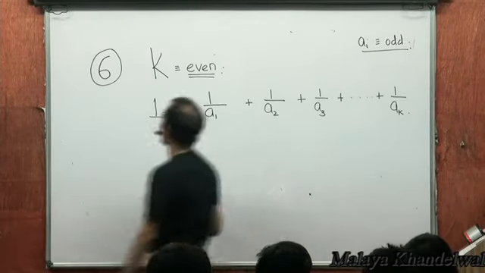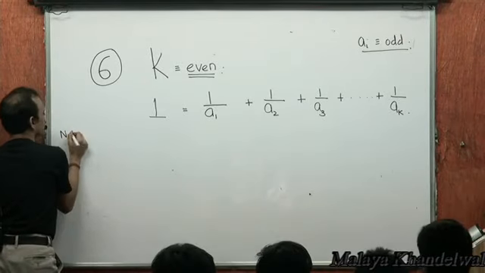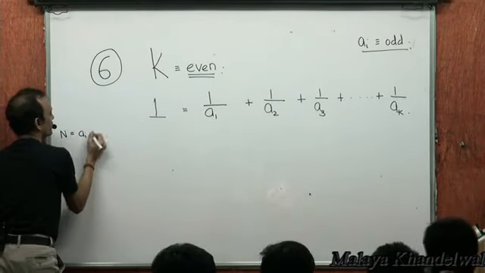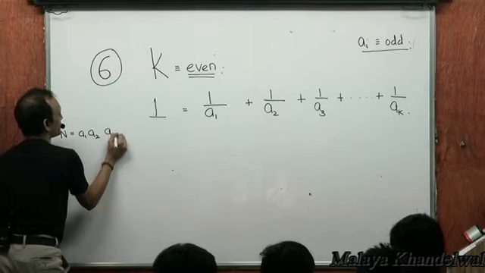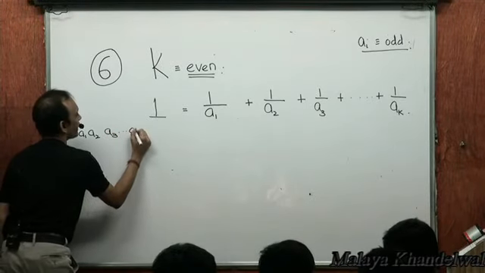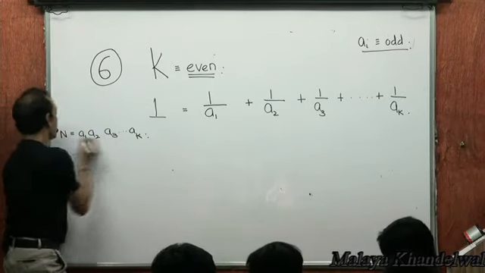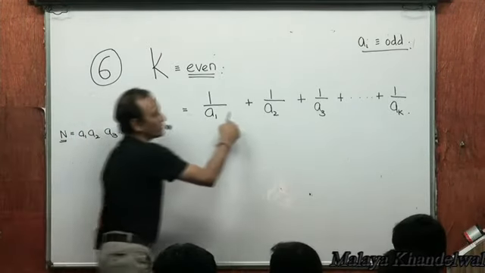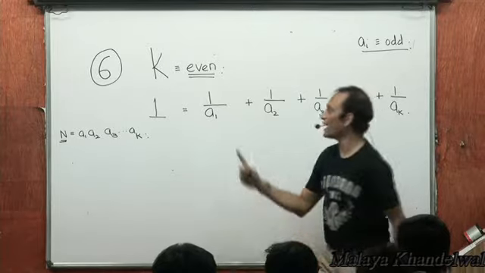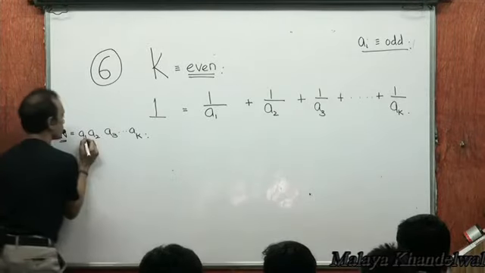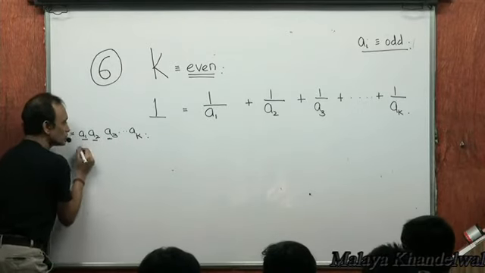Now, suppose capital N is A1, A2, A3, up to AK. Capital N is the product of all these odd numbers. Then capital N will be odd. Yes or no? Because the AIs are odd. So this is odd.